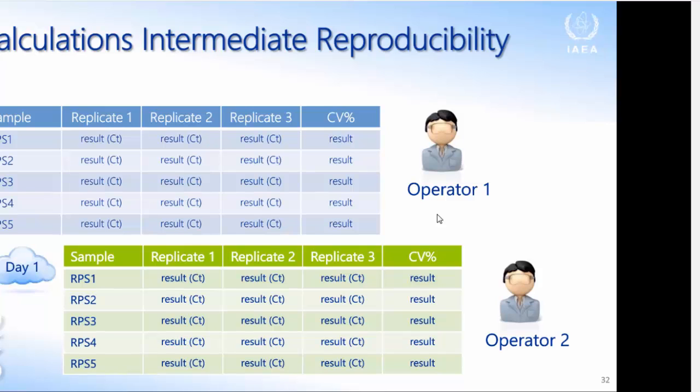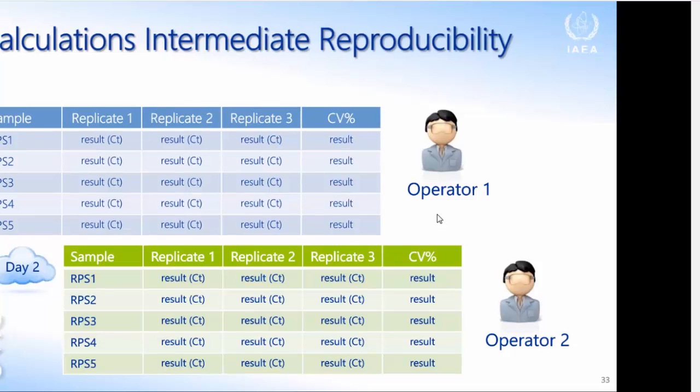To calculate the intermediate reproducibility, once again we have the table with the results obtained for the repeatability panel samples by the first operator on one day, and on the same day another operator performing the test on the same samples, and of course we record the obtained results.